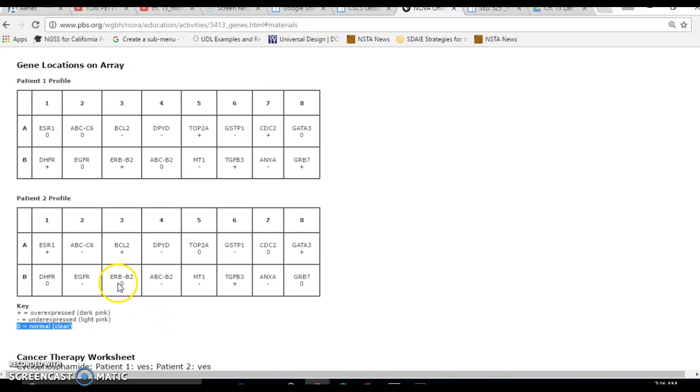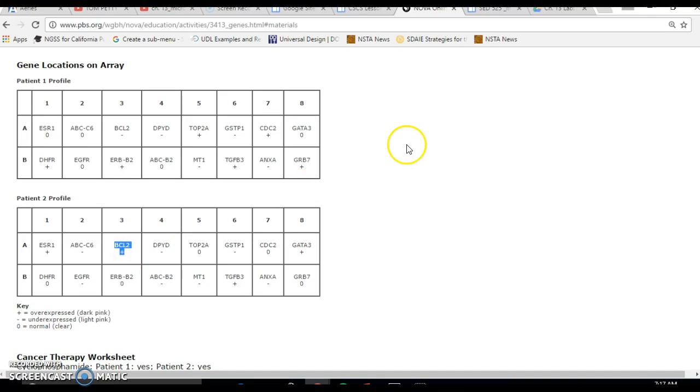So you can see this 0 right here, this well for this gene, the ERBB2 gene, would be normal, and it would be clear inside. If it were underexpressed or inactive, if it was a gene that was silenced, like this gene here, we would notice it's light pink. And in a well here, for the BCL2 gene, it should be dark pink.